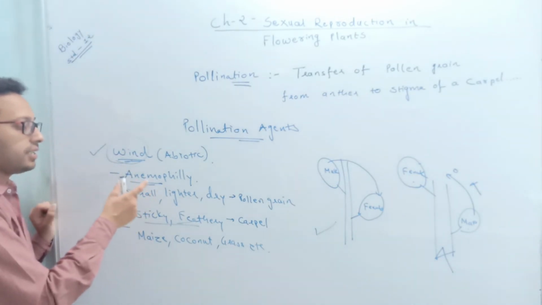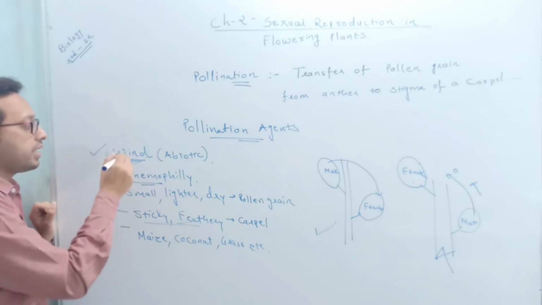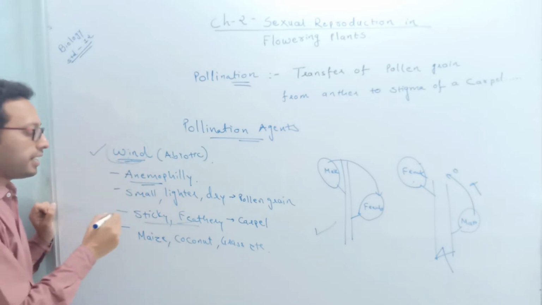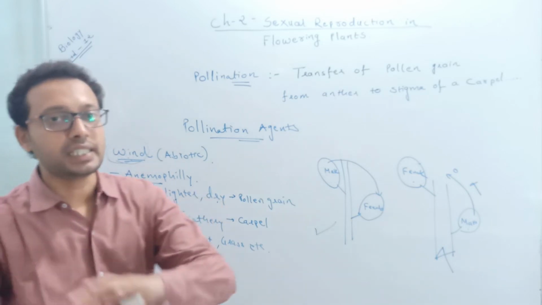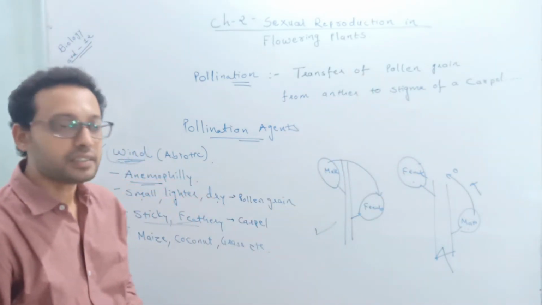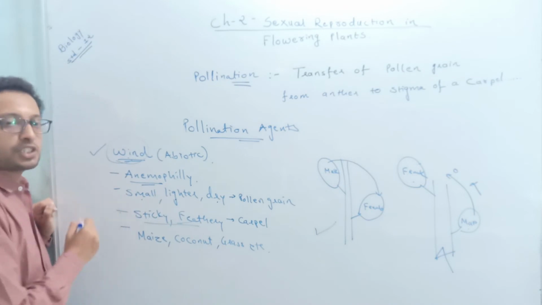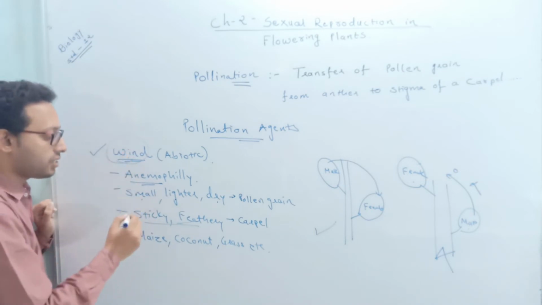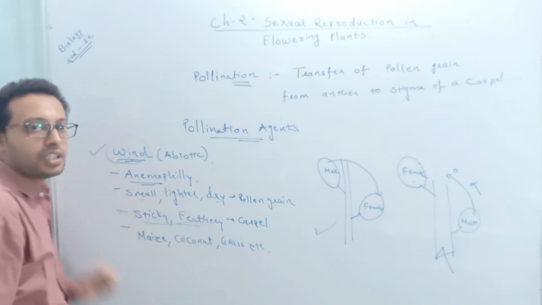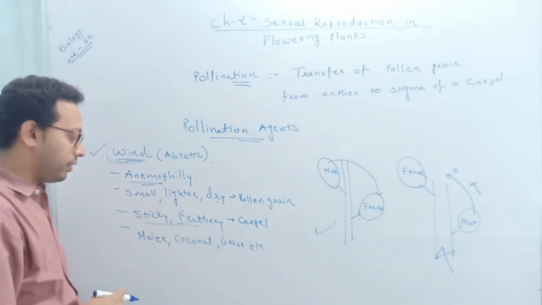The pollen grain of plants that pollinate with the help of wind should be small, lighter and dry, so it can easily be carried away along with a wind current. The stigma of such a plant should be sticky or feathery, so it can receive the incoming pollen grains.